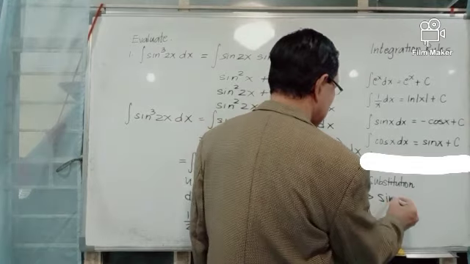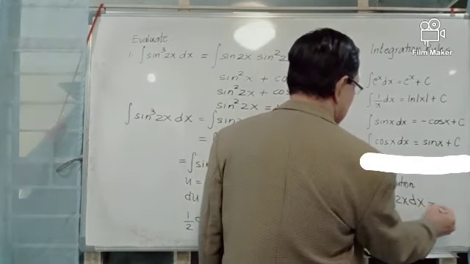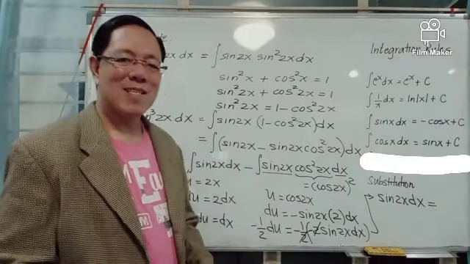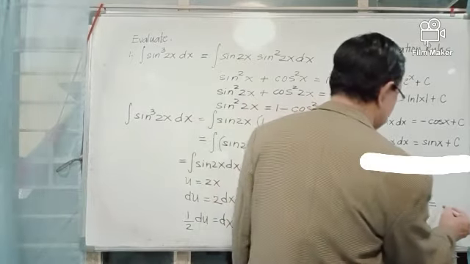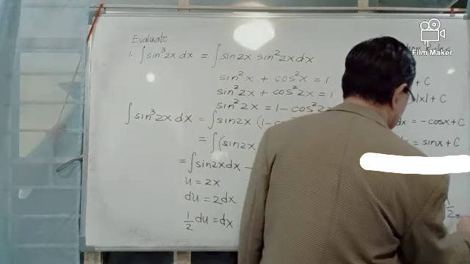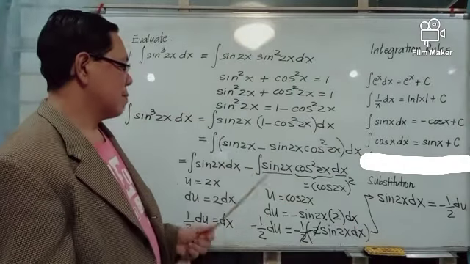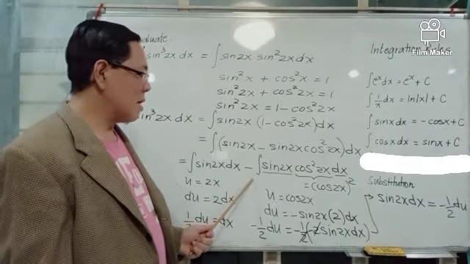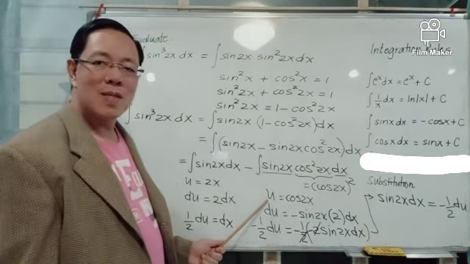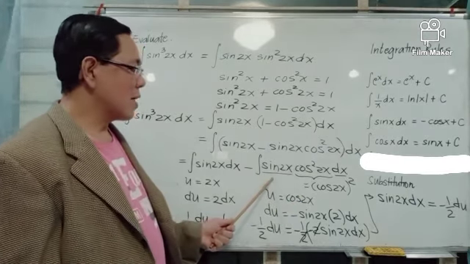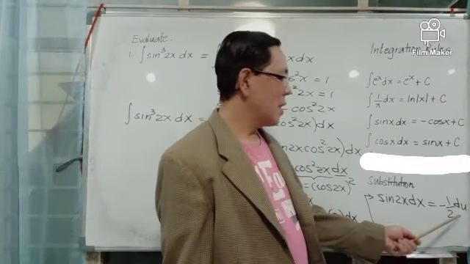Sine 2x dx is now equal to negative 1/2 du. For the second integral, we replace cosine 2x with u, and we replace sine 2x dx with negative 1/2 du.